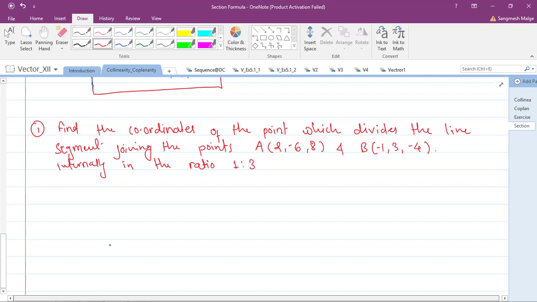Okay, so we have to find out the coordinate of one point which divides the segment AB internally in the ratio 1:3.